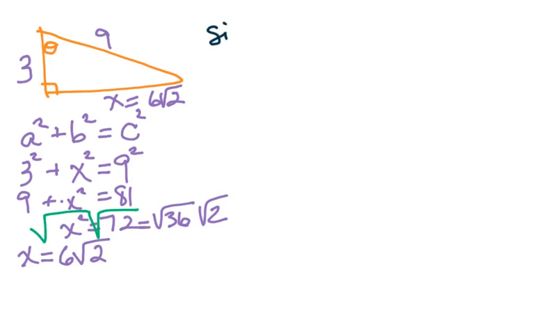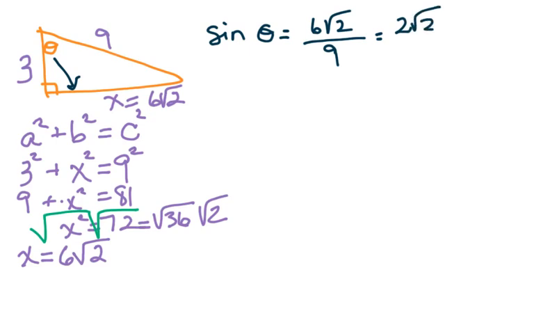So sine of theta is opposite, and here it's opposite, so it's 6 root 2 over the hypotenuse is 9, which you are going to have to reduce that because both 6 and 9 are divisible by 3. So it's going to be 2 root 2 over 3.